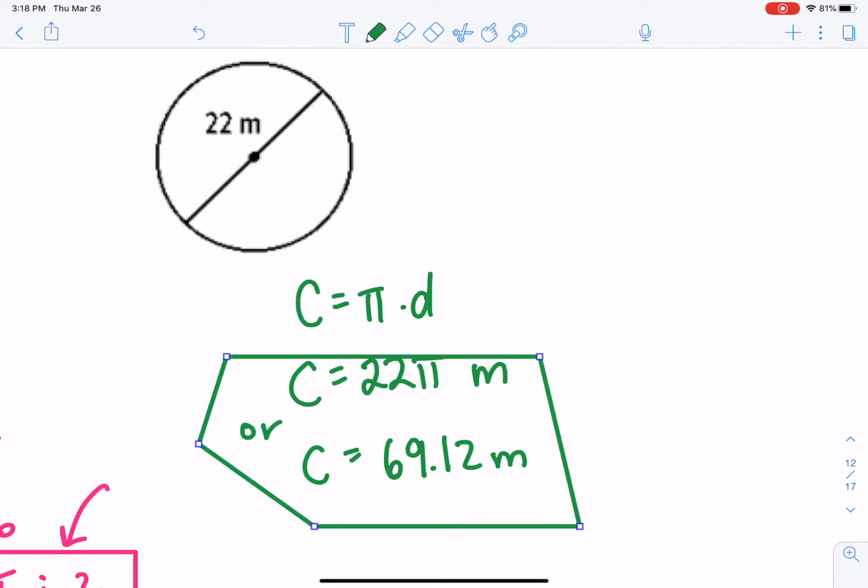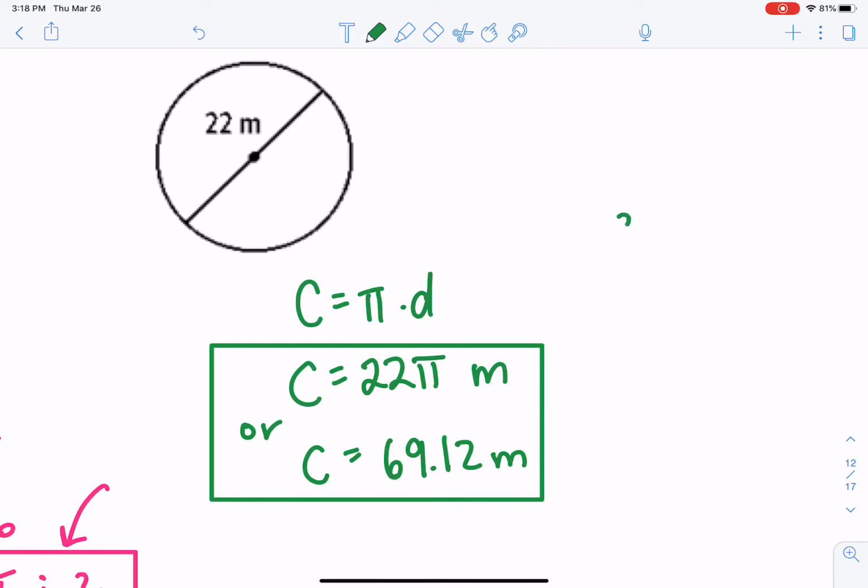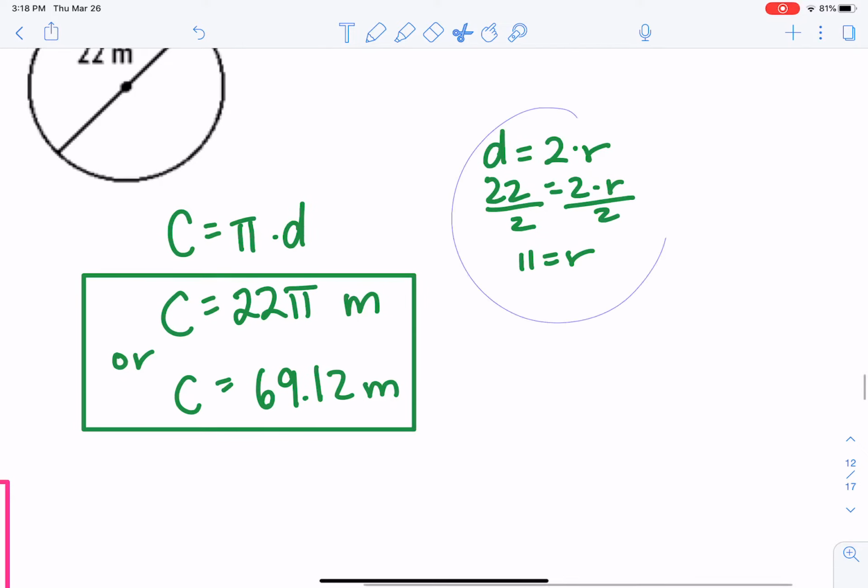To find the area, we are going to need to take that diameter and cut it in half, because the diameter is 2 times the radius. So if the diameter is 22, that would mean that our radius is 11. So then, wrong color.